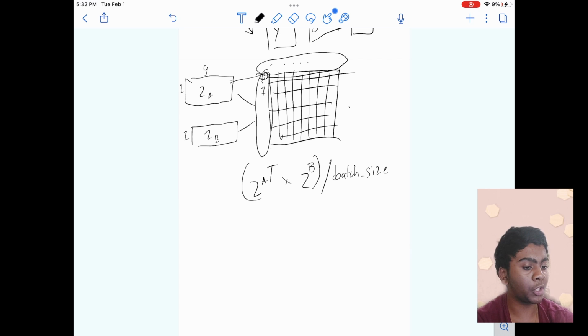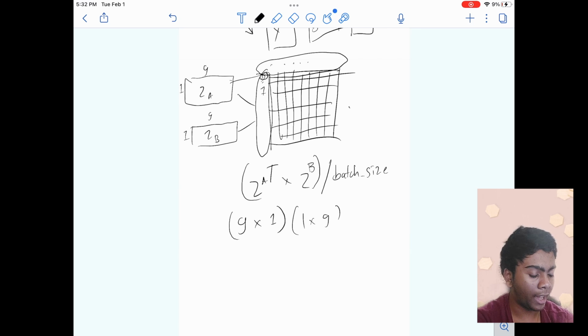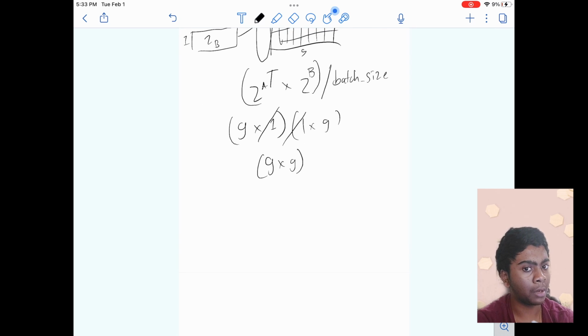And so what we do is we transpose this, such that now the dimension of this is G by 1, and we multiply it with the dimension of 1 by G, right? And so in the end, we get an array with size G by G. And that is the dimension of the cross correlation matrix.